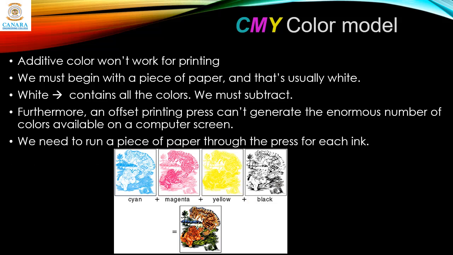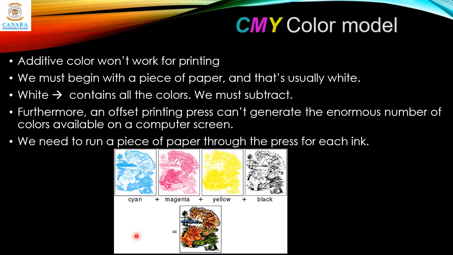And we need to run a piece of paper through the press for each ink. That was the case in previous generation printers. To get a color image, we had to pass the paper thrice for a full color image. So this is the example for CMY color printing.